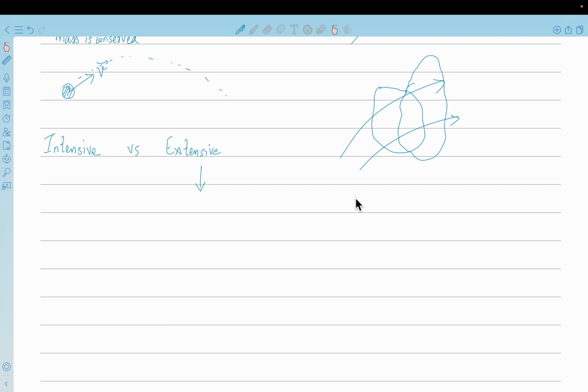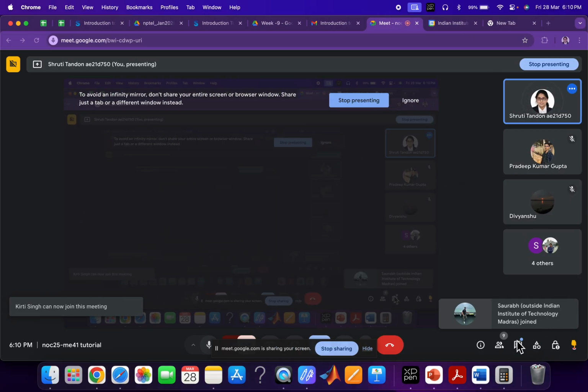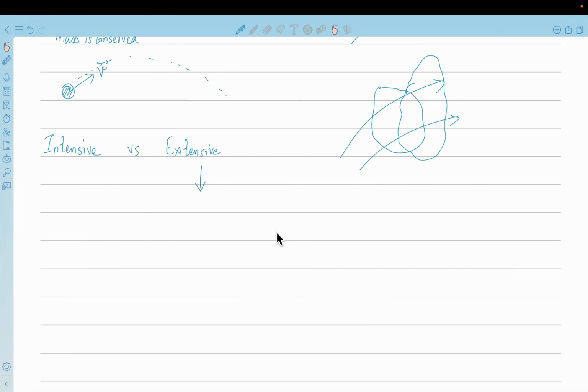That's a very nice example of kinetic energy. Someone is trying to join. Okay. Yeah, so kinetic energy is extensive because it depends on mass. If there is dependence on mass, then it is an extensive quantity, else it is intensive.